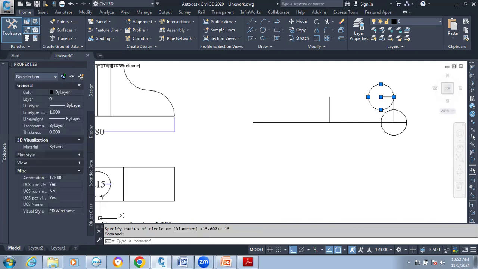So remember what I said about circle to circle.